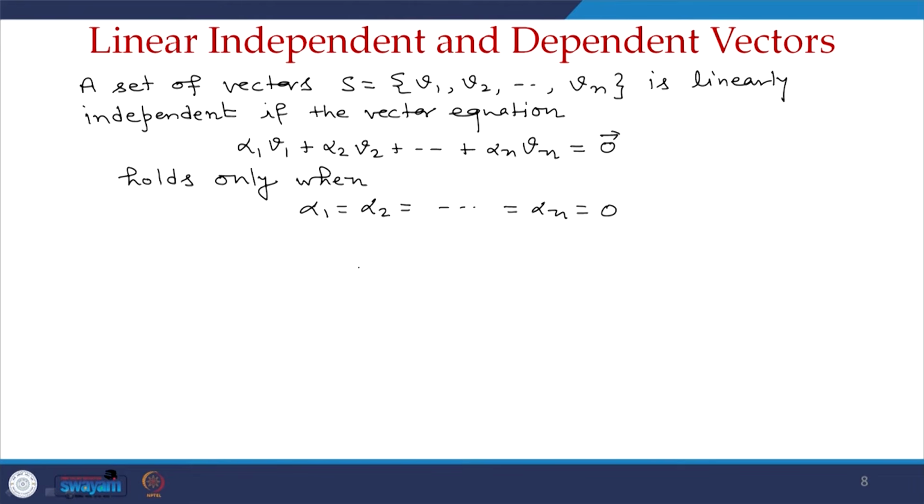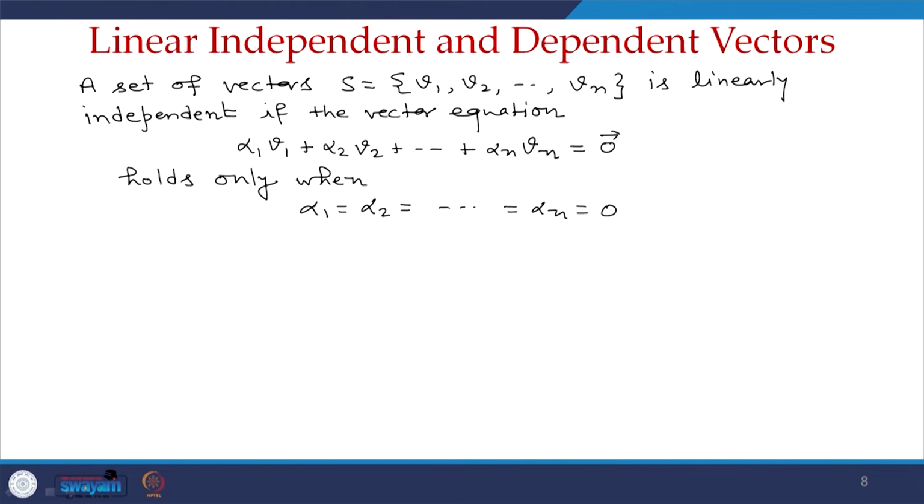What I want to say is that you cannot write any of the vectors v1, v2 or vn in terms of the other vectors. You cannot write v1 in terms of vectors from the subset v2 to vn, and similarly for the other vectors.